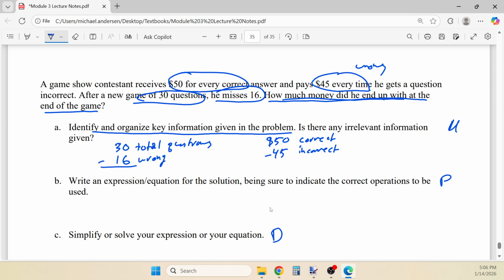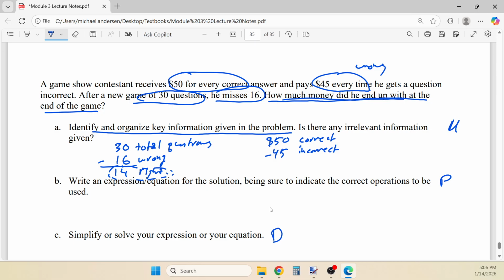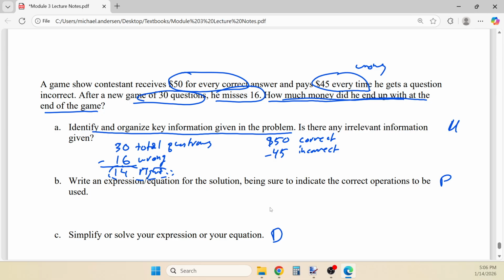If we subtract this, we get 14 answers right. Technically, that's skipping ahead to doing some extra problem. We're planning and executing part of the plan by finding that, but that's okay. Anyway, this should give us all the information we need to solve how much money he gets.